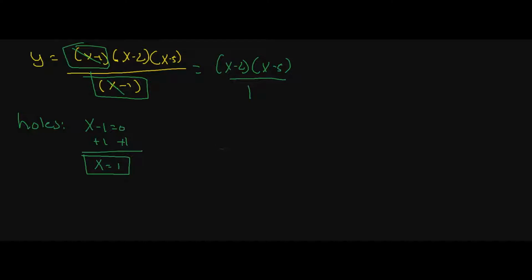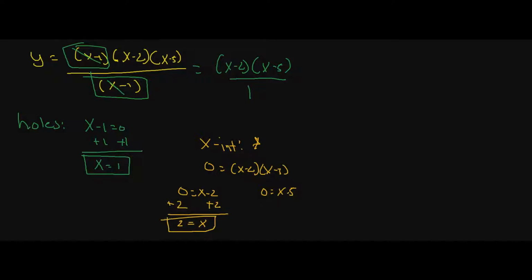So now we want to find our x-intercepts. We're going to get 0 equals x minus 2 and 0 equals x minus 5. We'll split them up. Now we add 2 to both sides, and x equals 2. And now we add 5 to both sides, and we get x equals 5.